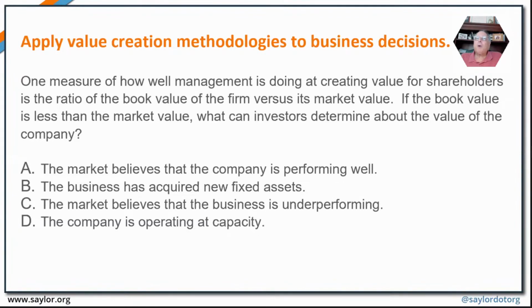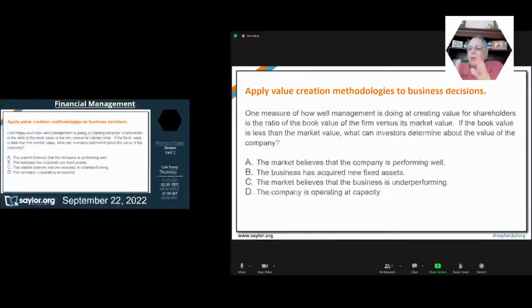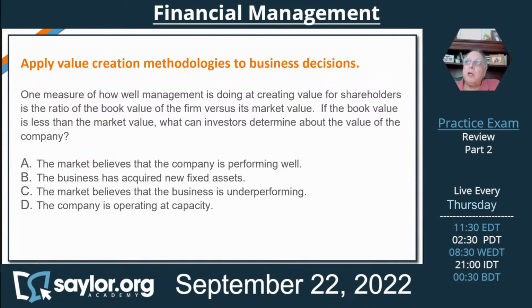Now, how about applying some value creation methodologies to business decisions? One method of doing that is let's think again about stock price. We'll consider the book value of the firm versus its market value. Now, we talked about this in last week's presentation, and the book value of the company is what?